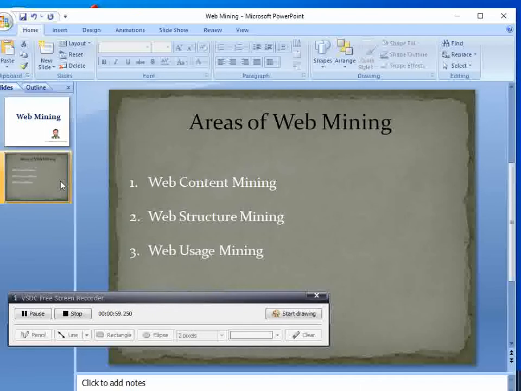Web mining is very useful for websites, wherein when we design a website based on the previous experiences, the designer designs the website. These are the three usages of web mining.